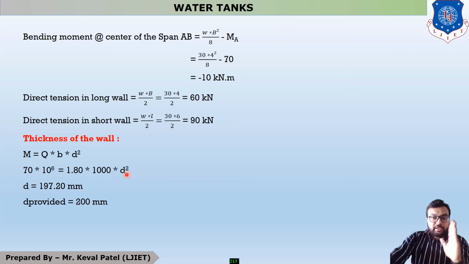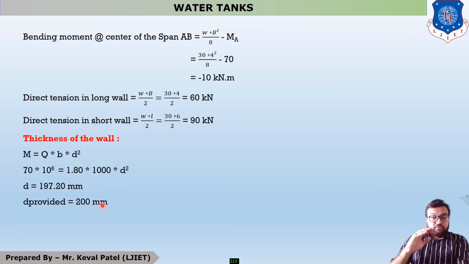So after calculating and putting all these values, we will get our answer of small d is 197.20 mm. Okay, so this is the minimum d. We have to provide our d having a value more than this. So we provide our small d as 200 mm.